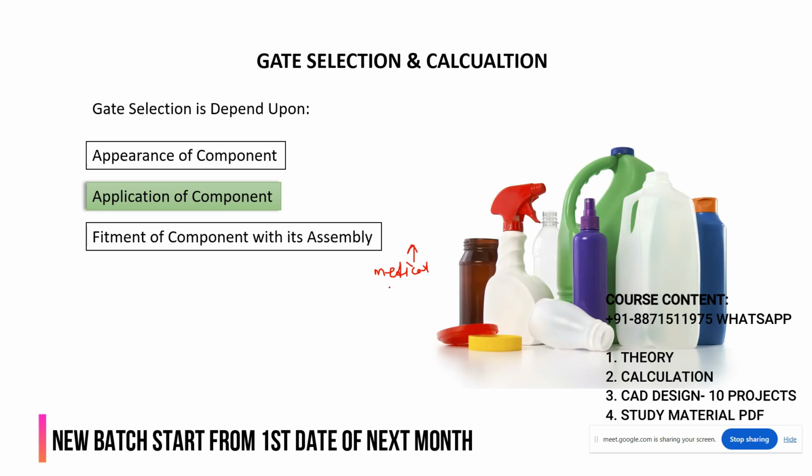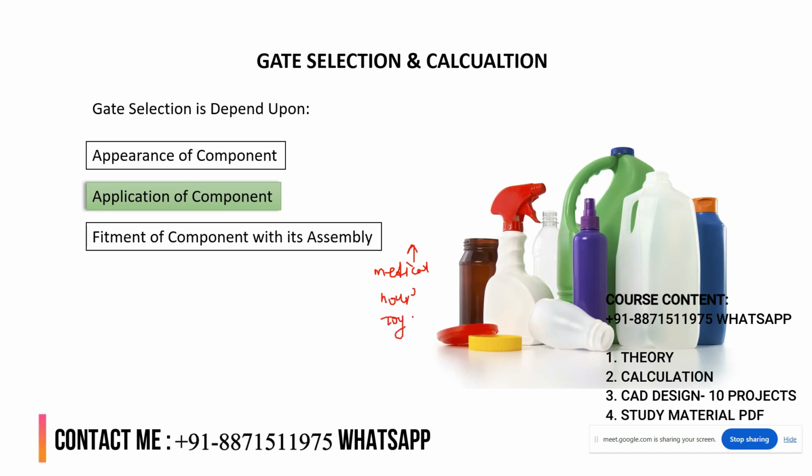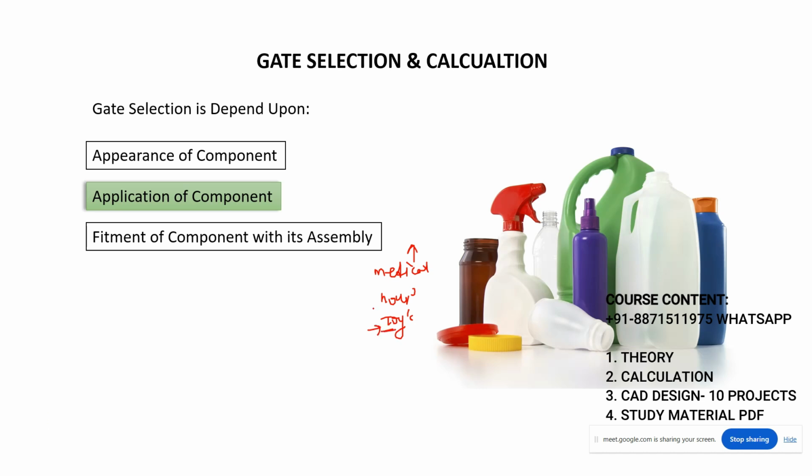For example, if we are designing a plastic component for a household product, or a toy, depending upon that toy or household product, we have to choose the material, and depending upon that material, we have to design the mold.